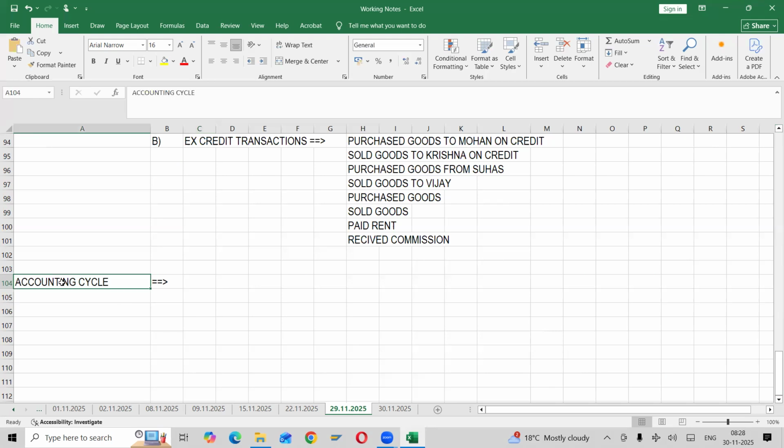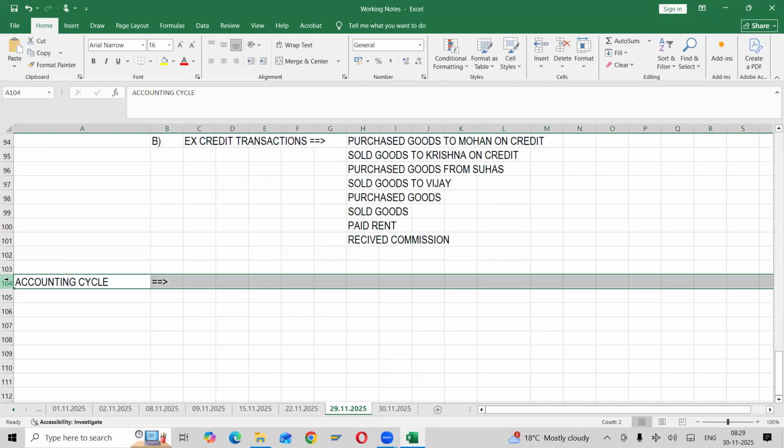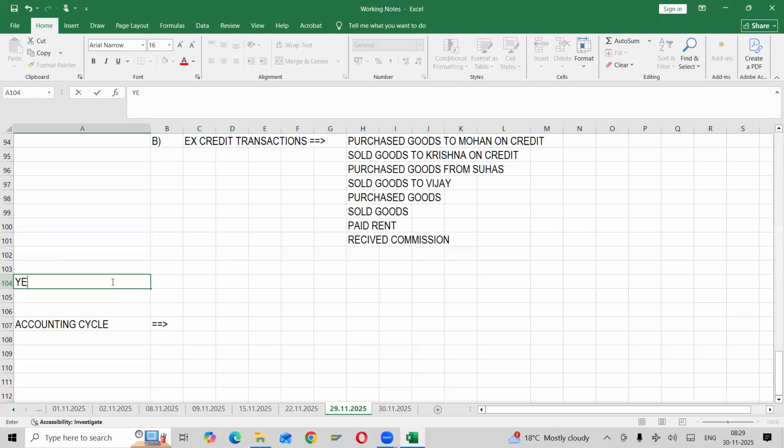So what exactly is the accounting cycle? For example, what every business or every entity, every company will do. There is a concept called financial year. The years are generally classified into two types. One is calendar year.